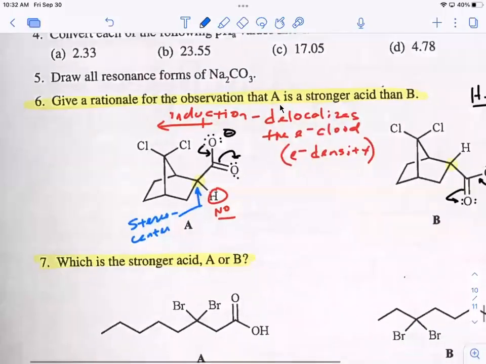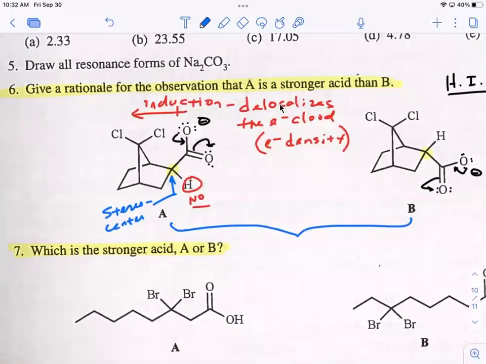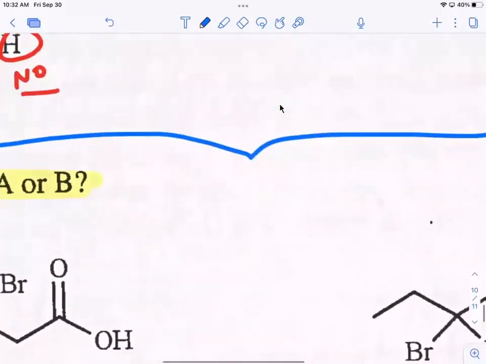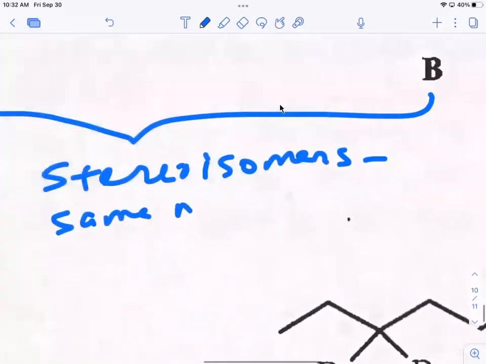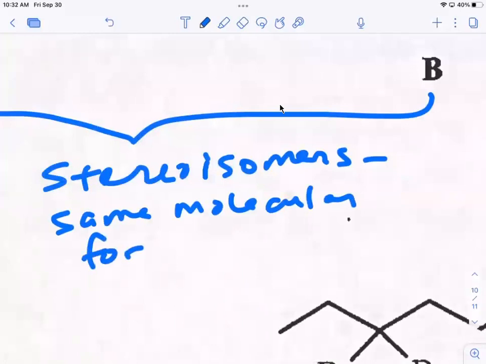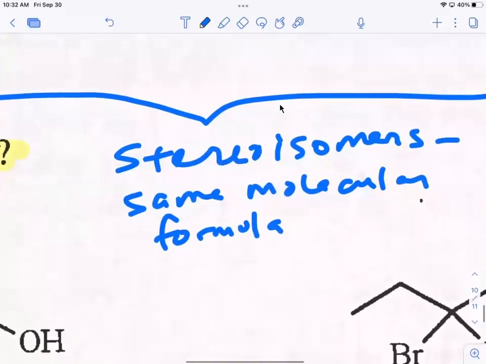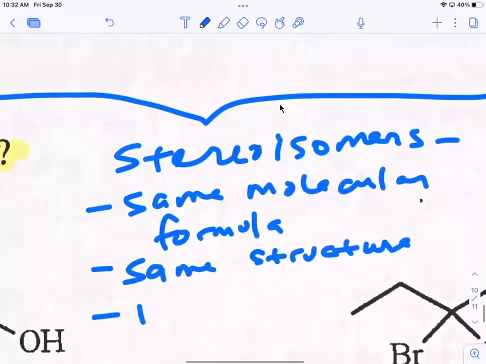And these two molecules, A and B, are what we call stereoisomers. They have the same molecular formula, same structure, but a different 3D orientation.